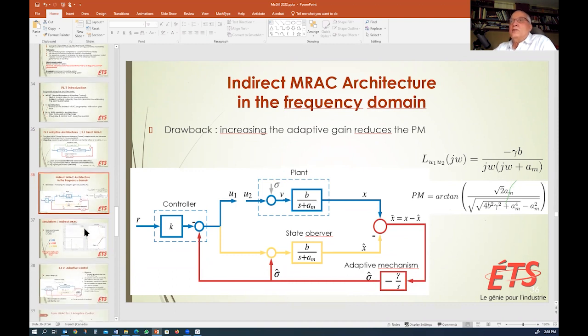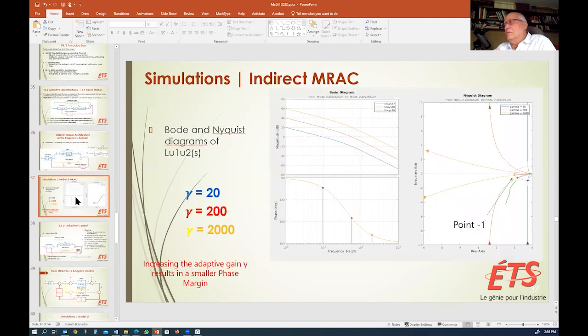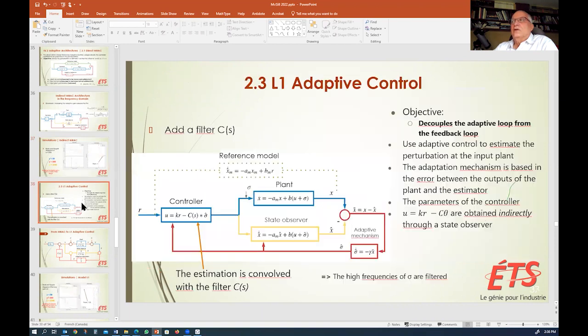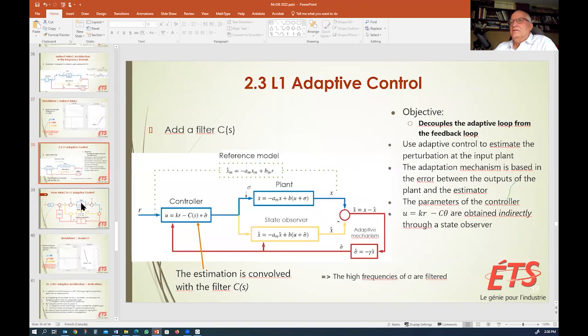The problem I have with those two methods, direct and indirect, is that when I increase the gain up, what's happening? My phase margin decreases. And that's a problem. So if I want a fast adaptation, a good tracking, I have a problem. My phase margin gets smaller and smaller. So the whole idea is to add here a special filter that's going to have an interesting effect.